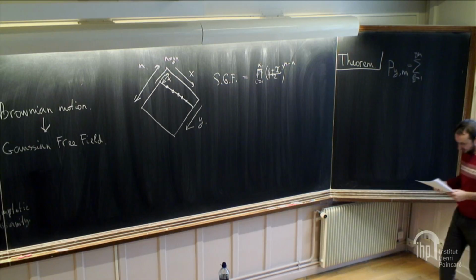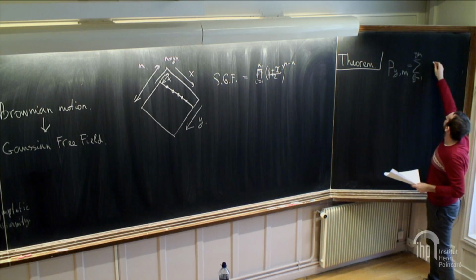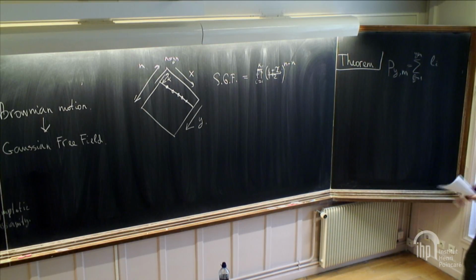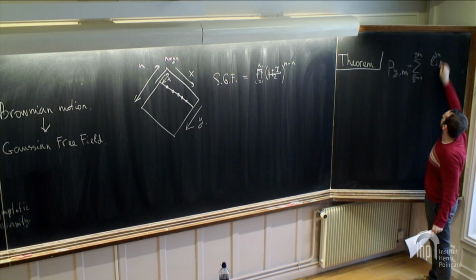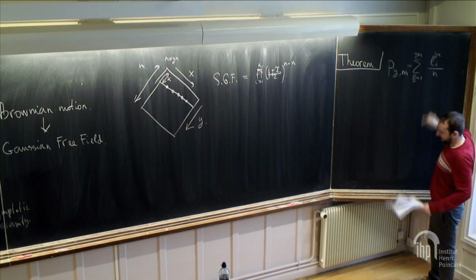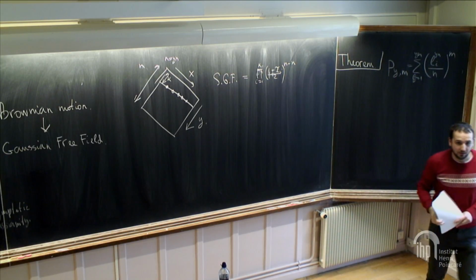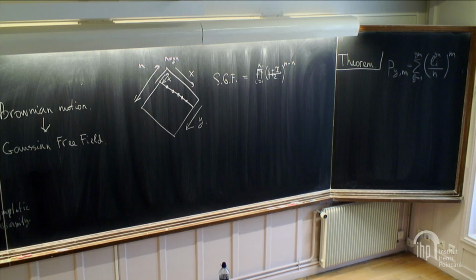We are summing over the positions of these particles: we take the position of the ith particle on the row yn, divide it by n, and raise it to the power m. So these are the same power sums as before.